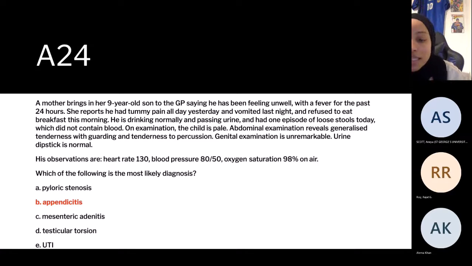It's less likely for them to vomit quite frequently, but to have nausea and to vomit at least once is quite common. He's not had any issues with his urine. That rules out UTI, and he's had one episode of loose stools today. There's quite a lot of significant tenderness and guarding as well, so that indicates that he's got appendicitis.